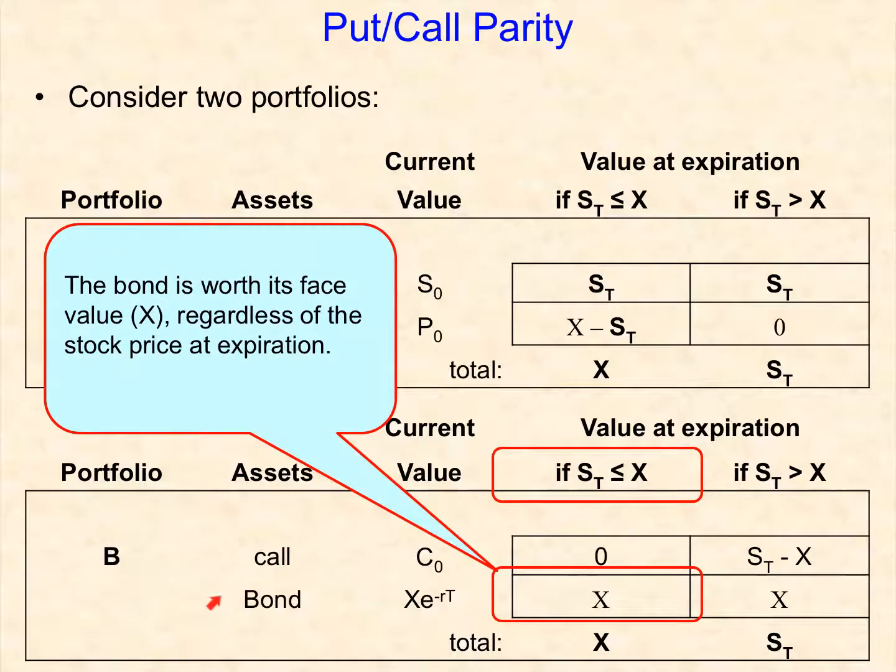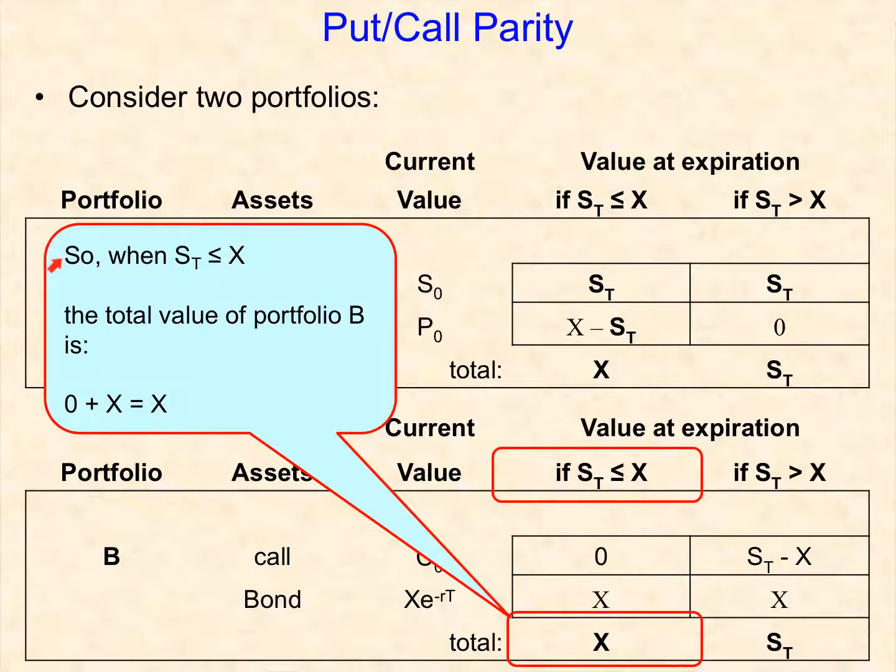Portfolio B also contains a bond. The bond is worth its face value at expiration regardless of the stock price. Recall that we bought a bond just such that its maturity value would be equal to the exercise price of the call. So, if the stock price is less than or equal to the exercise price, the bond is still worth X dollars, its face value at maturity.